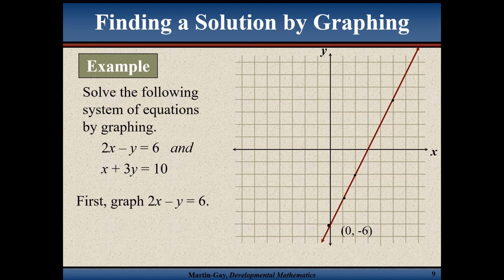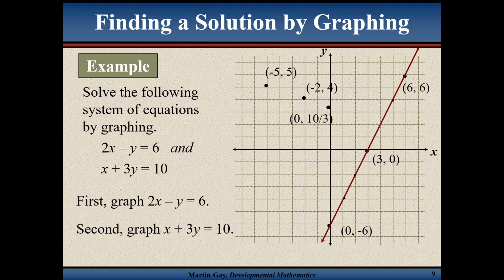So we get (0, -6), (3, 0), and (6, 6). Next, we graph the second equation, x plus 3y equals 10. So you get (-5, 5), and you get (-2, 4), and (0, 10/3).